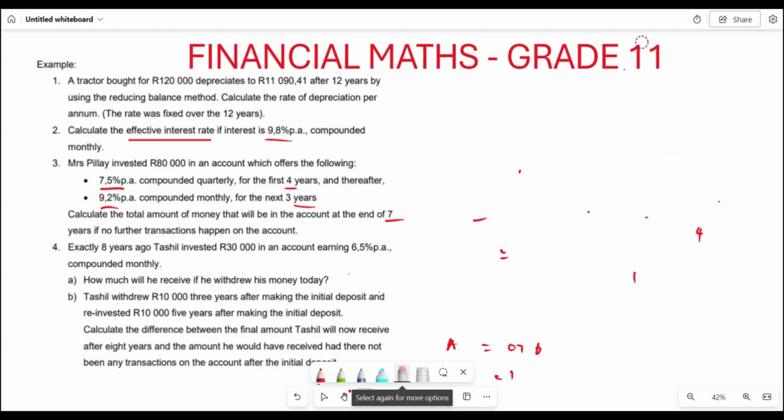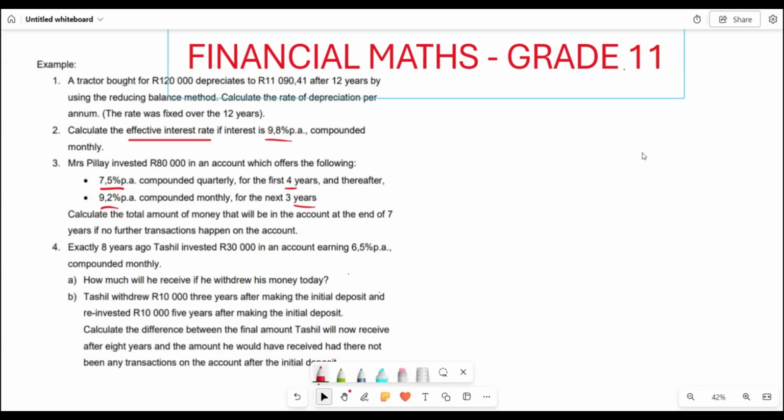They are saying: exactly 4 years ago, Tashil invested 30,000 in an account earning 6.5% per annum compounded monthly, right? They say, how much will he receive if he withdraws his money today?